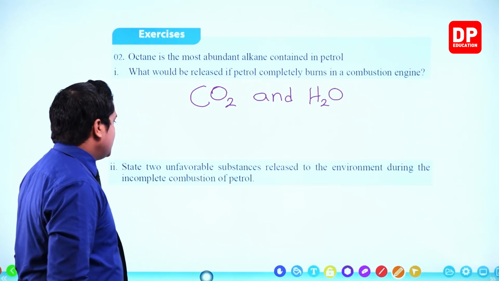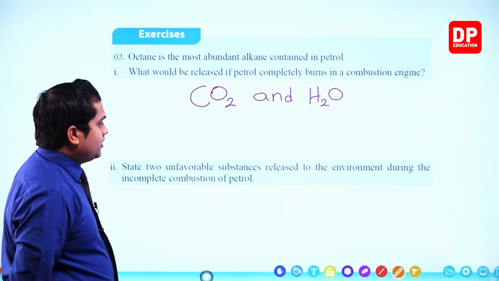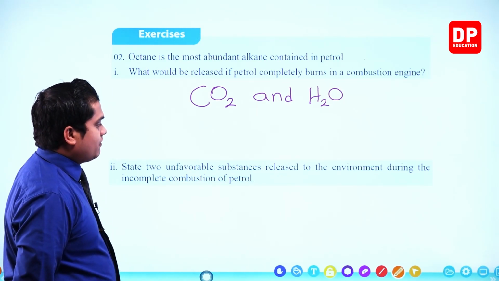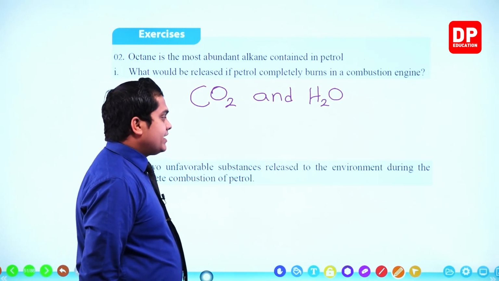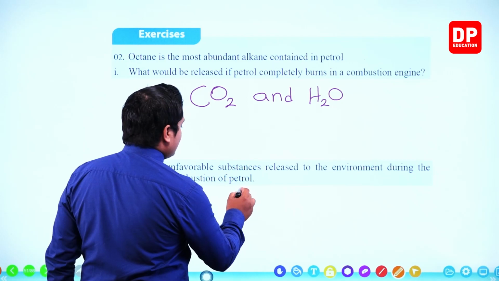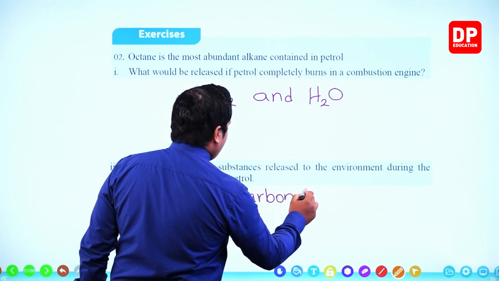Next one. State two unfavorable substances related to the environment released during the incomplete combustion of petrol. If incomplete combustion occurs, definitely carbon particles will be released. Okay, carbon particles.